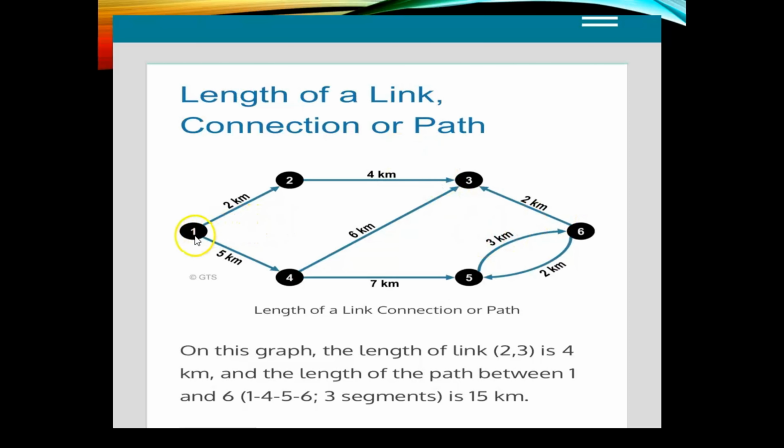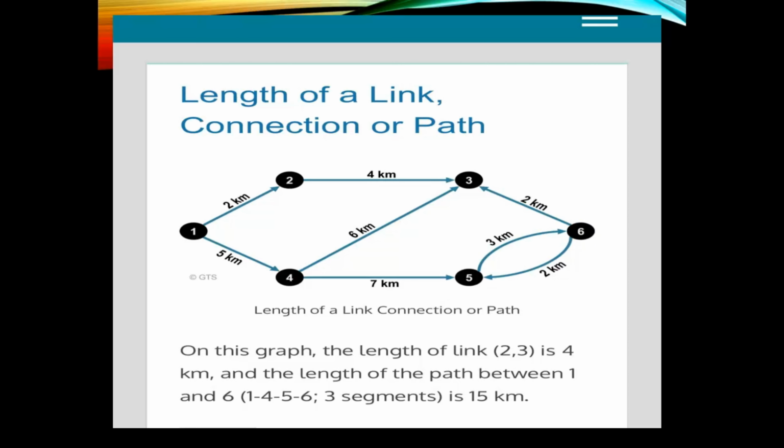Let's do this together. If I decide to move from point 1 to point 4, which is 5 kilometers, then from point 4 to point 5, which is 7 kilometers, that makes it 12 kilometers. Then from point 5 to point 6, which is 3 kilometers, because this is the arrow to this place. So that is 5 plus 7 plus 3, that will give us 15 kilometers.